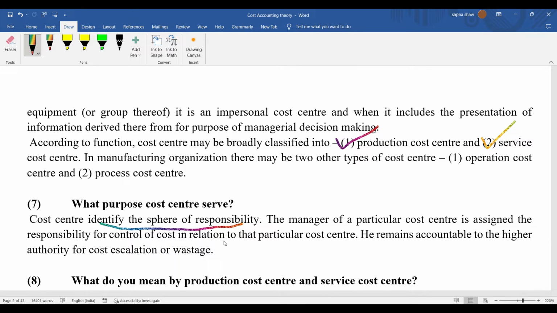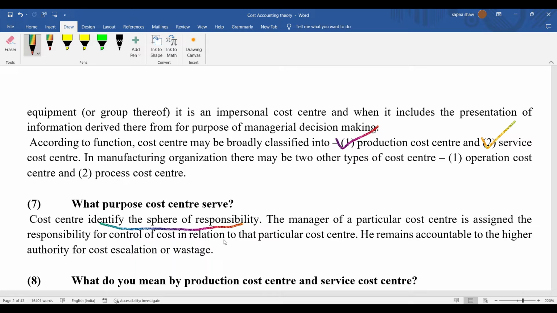So there are different centers. One is responsible for production, one for packaging, one for advertising, one for different things. So whom should I ask why the sale is reducing? Maybe I'll ask the advertising team, those who are responsible for advertising. I may ask the person who is responsible for tasting the cookies.